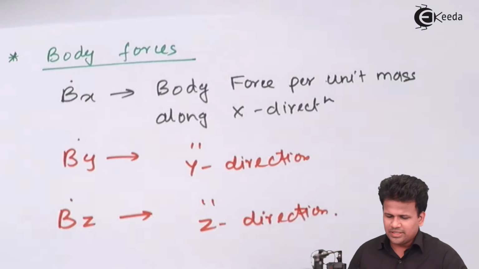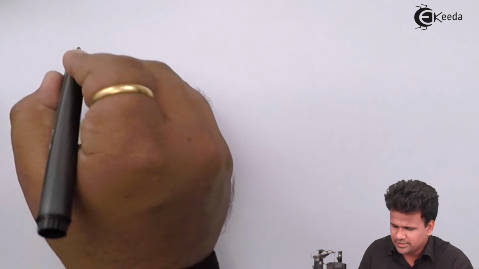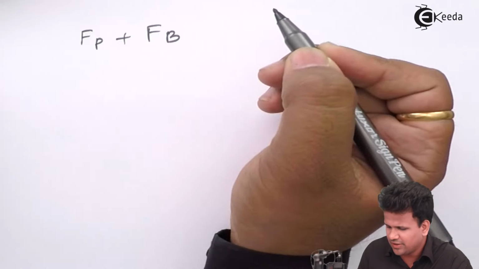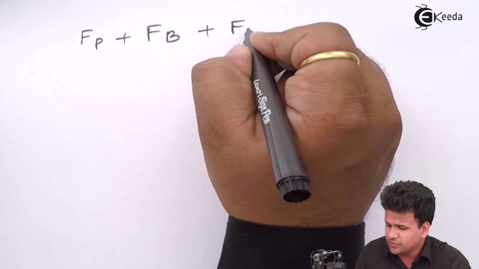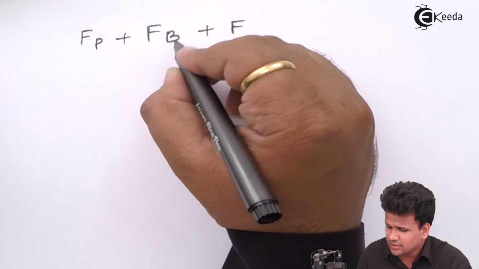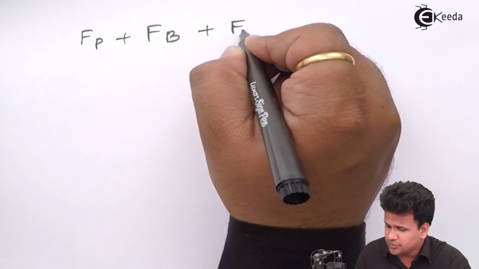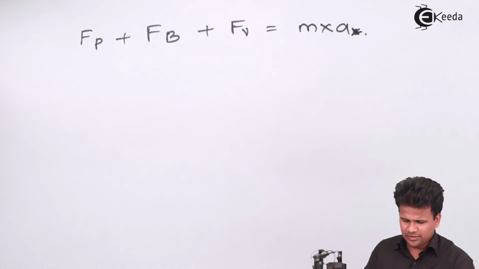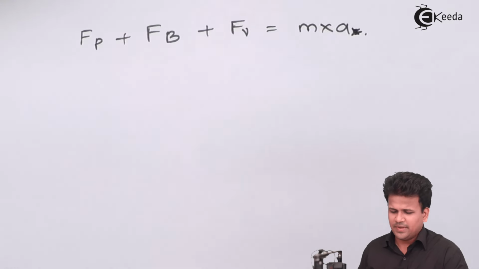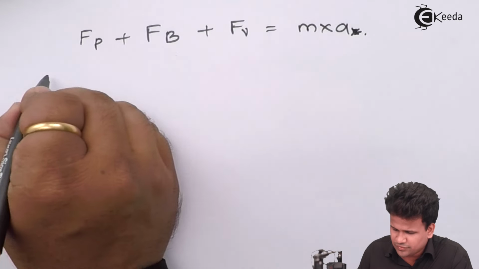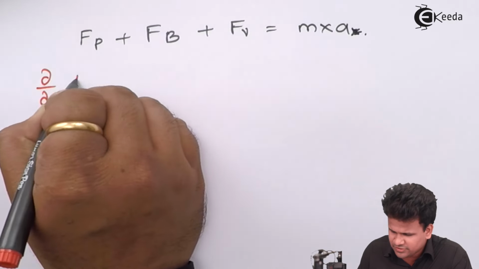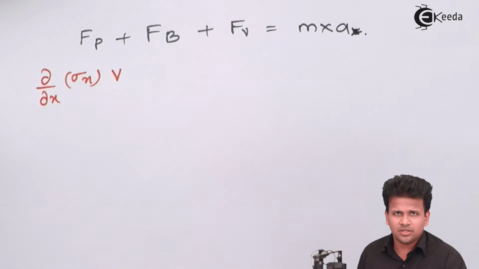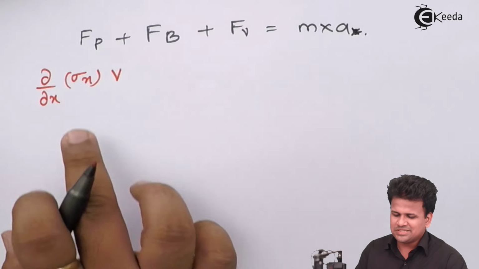So for the Navier-Stokes equation, we know that the force due to pressure plus the force due to gravity, which is now called the body force, plus the force due to viscosity will be equal to mass into acceleration along any direction. Now we'll just write down the x direction. For the x direction, the pressure force will be dou by dou x of sigma x into volume, because pressure acts perpendicular to the area of cross section, similar to the longitudinal stress which we have.